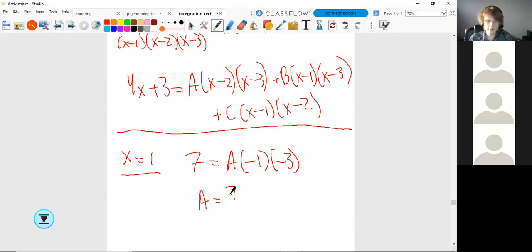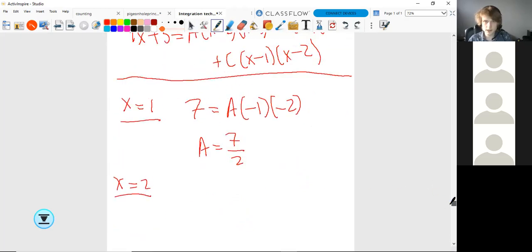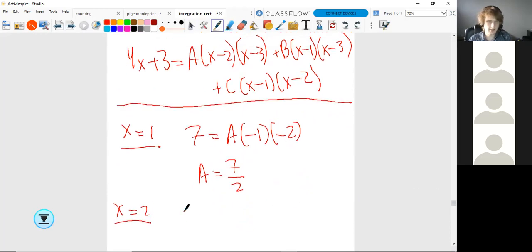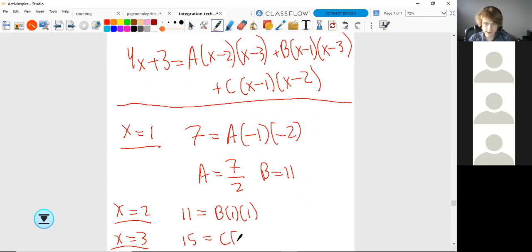So a is 7 over 3... and we can do the same thing with x equal to 2. Then 11 is equal to b times 1 times 1. And if x is equal to 3, then 15 is equal to c times 1 times 2, so c is equal to 15 over 2.